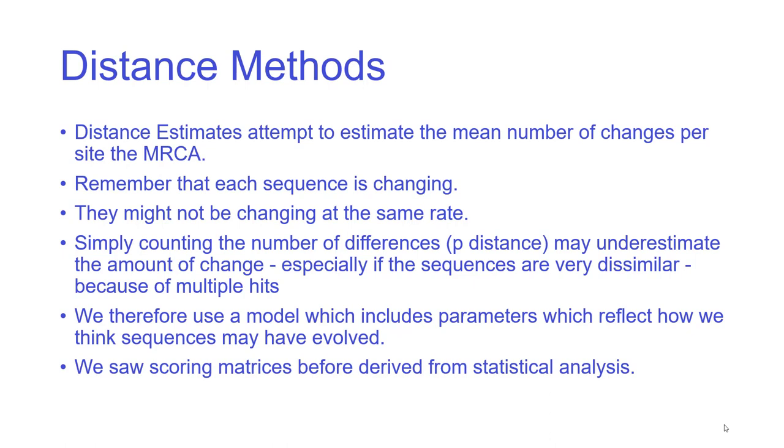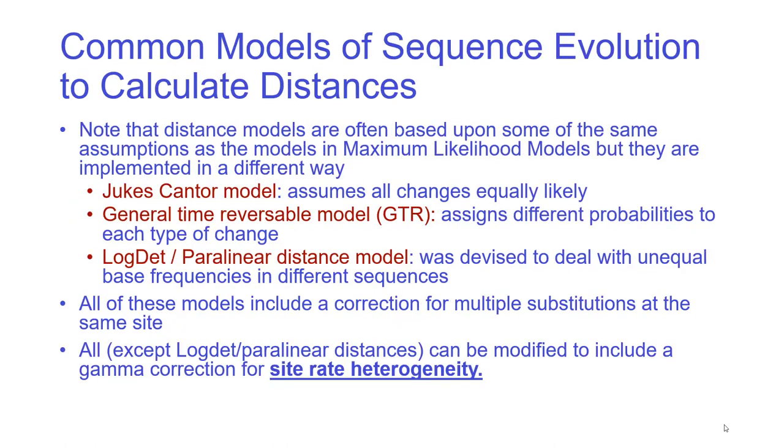You need to have models which reflect the parameters of how we think evolution might have occurred. We have different levels of models and scoring matrices dependent on how complex we wish to get. They can be used for distance models. They are also applied in maximum likelihood models, which are not parsimony based models.